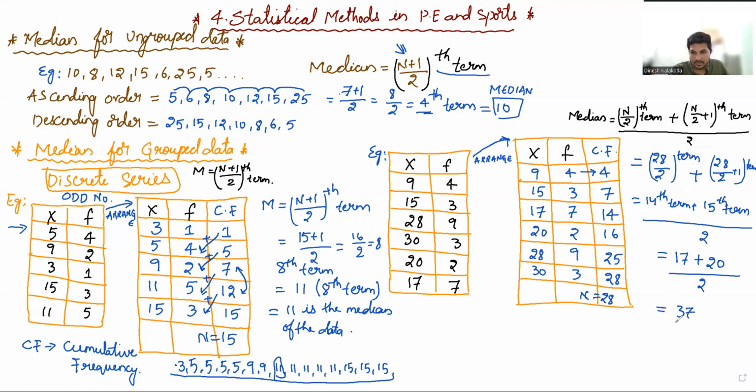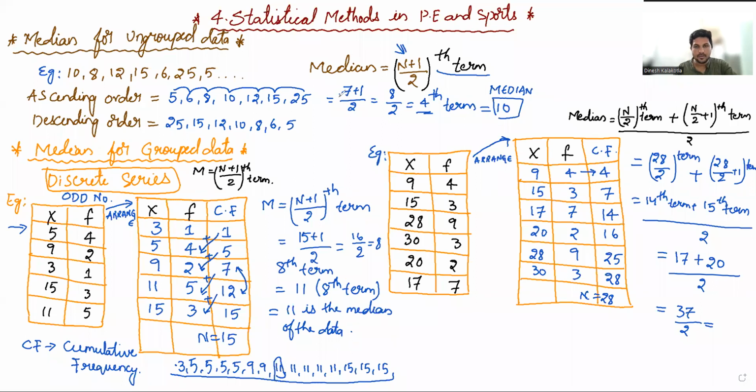Which is nothing but 37 by 2. So how much is 37 by 2? 37 by 2 is 18.5, the median of the given data.